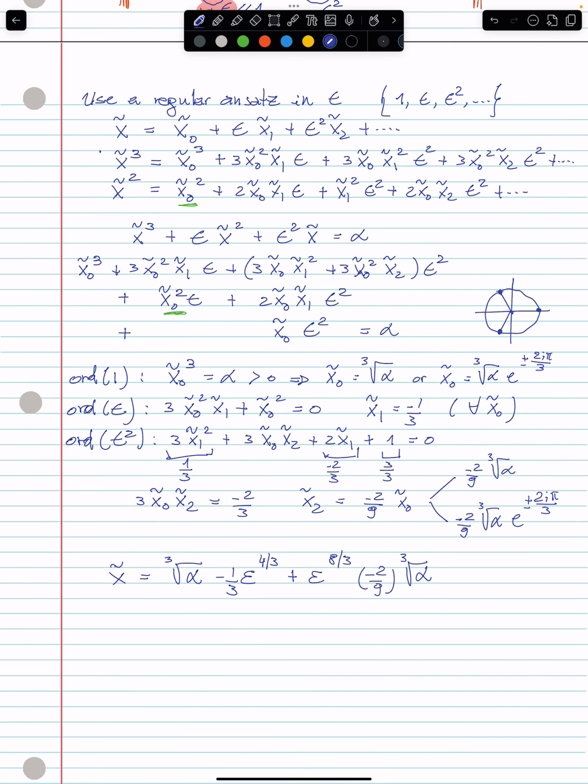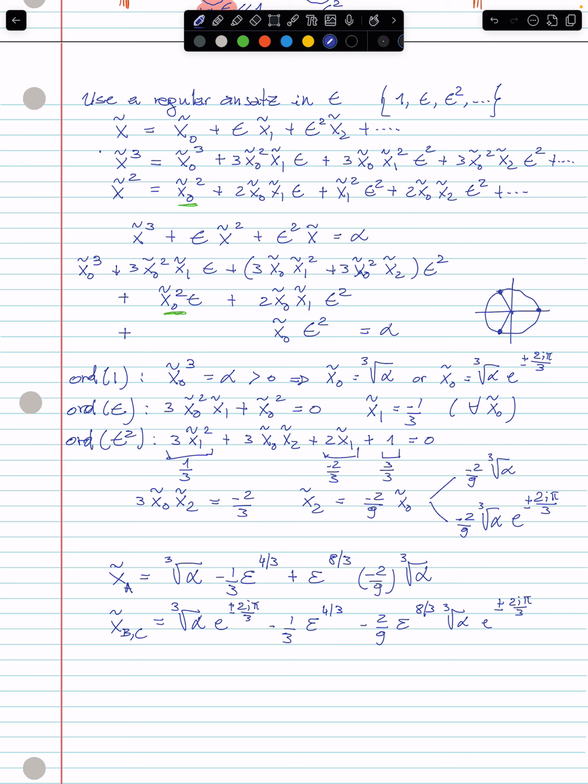That's the first root. Let me just write it xa, and the other two roots, xb and xc, will be something very similar. Cubic root of alpha, exponential of plus or minus 2I pi/3, minus 1/3 of epsilon to the power 4/3, and minus 2/9 of epsilon to the power 8/3, multiplied by cubic root of alpha, and the exponential of plus or minus 2I pi/3.